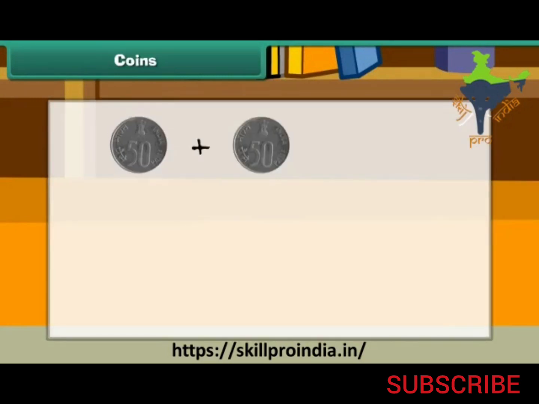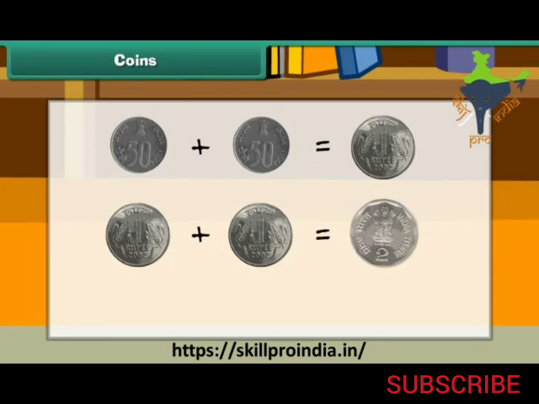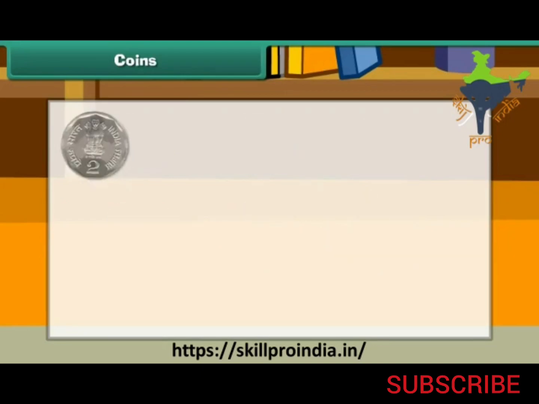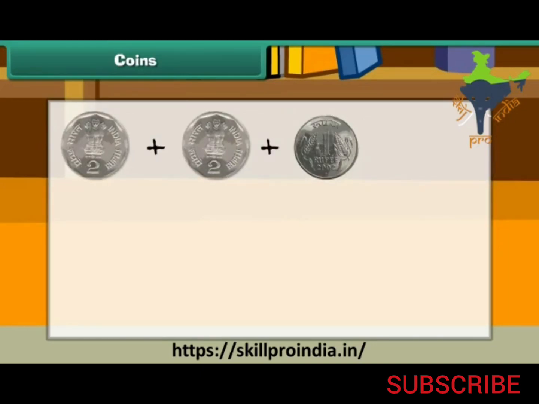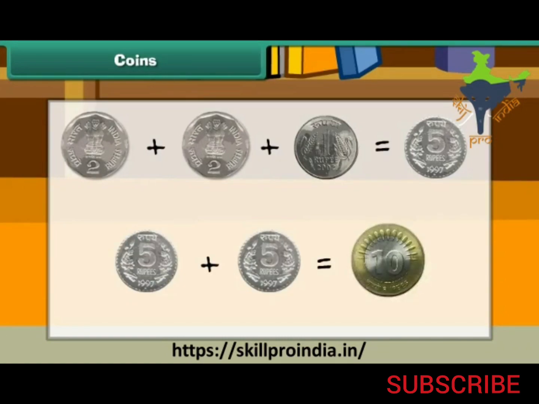Therefore, 2 50 paisa coins make 1 rupee. 2 1 rupee coins make 2 rupees. 2 2 rupee coins and 1 1 rupee coin make 5 rupees. 2 5 rupee coins make 10 rupees.